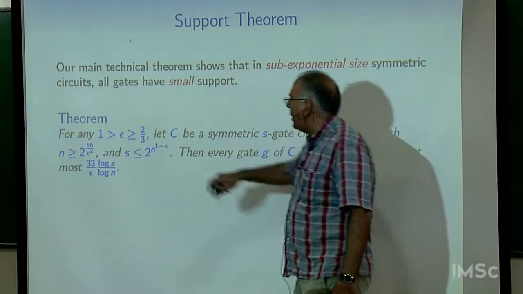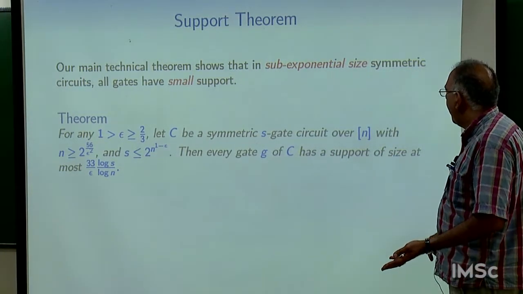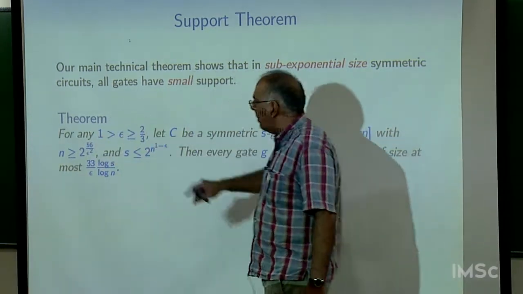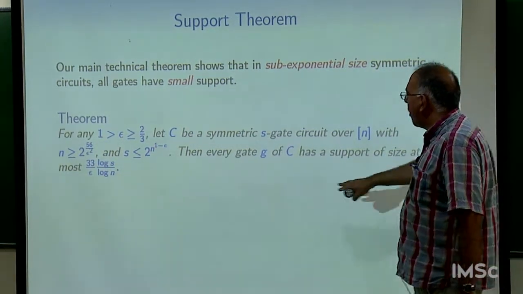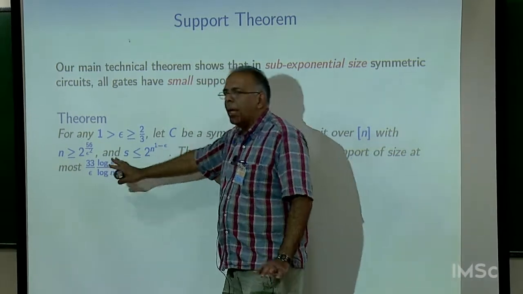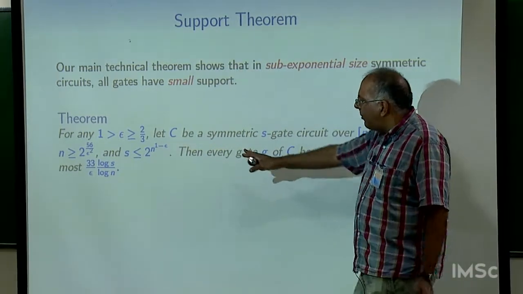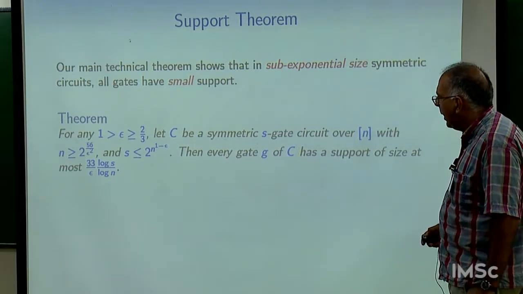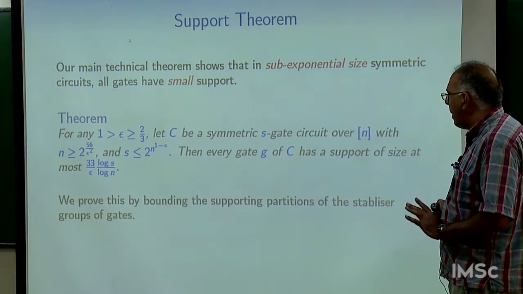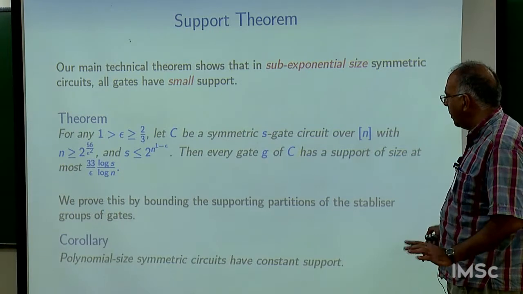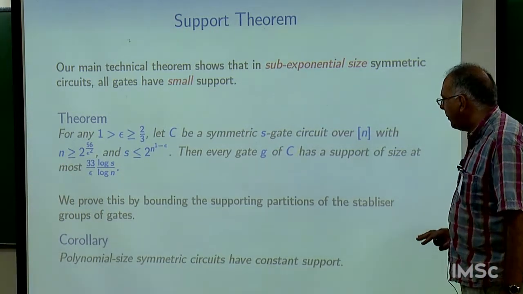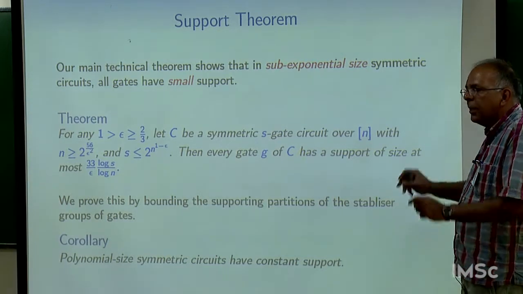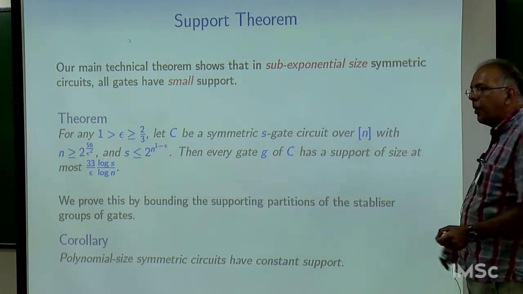As long as your circuit is bounded by that, and n is big enough, then every gate has a support of size at most log s over log n. So in particular, if s is polynomial, this is a constant. And we get this by bounding supporting partitions of the stabilizer groups of gates. So the main corollary we're interested in: for polynomial size symmetric circuits, there's a constant bound on the support of every gate.